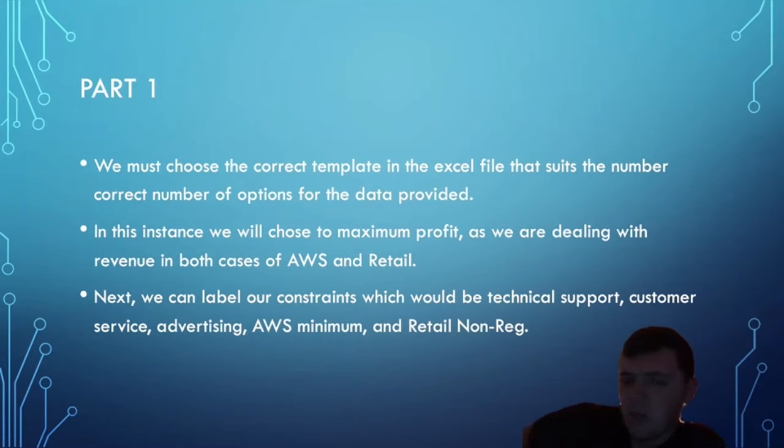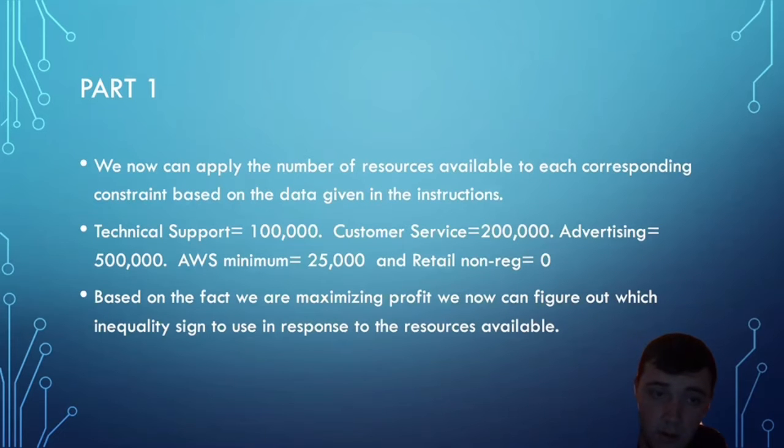The constraints are technical support, customer service, advertising, the AWS minimum, which is the minimum amount for Amazon Web Services, and the retail non-reg. After that, we can apply the number of resources available to each corresponding constraint based on the data.